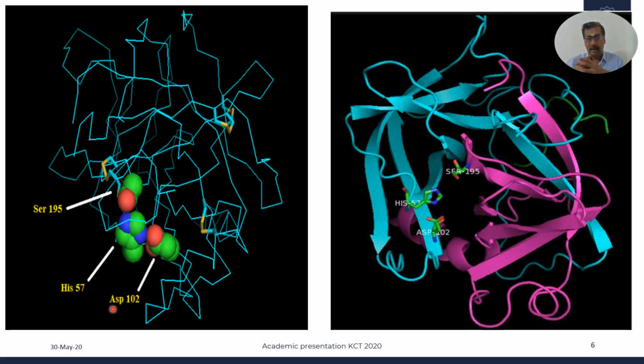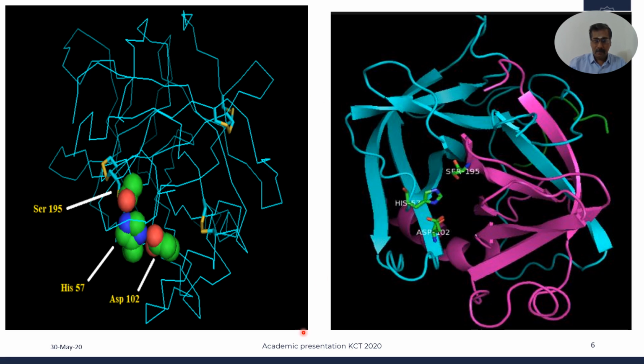Due to folding of protein, proteins are not linear. During folding, the 57th, 102nd and 195th positions come very close to each other. If you assume the structure in a linear form, 57 will be somewhere, 195 will be somewhere, 102 will be somewhere, so they will be distant. This is termed protein folding.